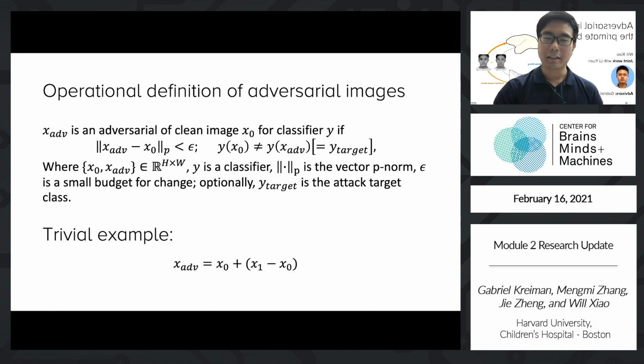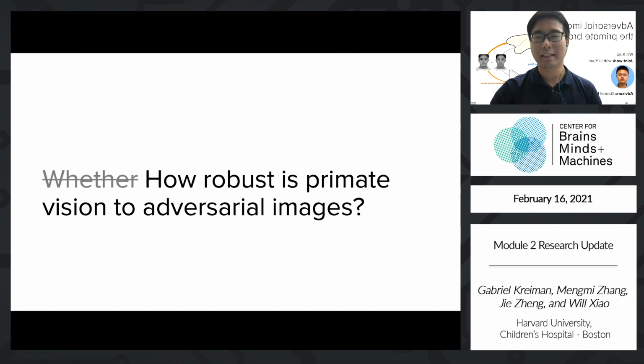So in this framework, up to a given limit, there will be so-called adversarial images for any visual system. But the key is how robust, for example, primate vision is to adversarial images. And can a small change of the image lead to a change in categorization?